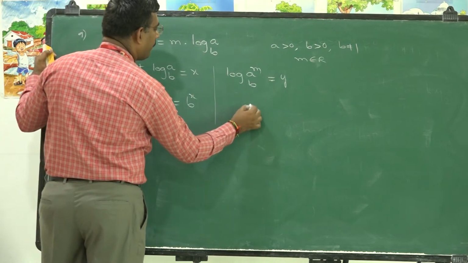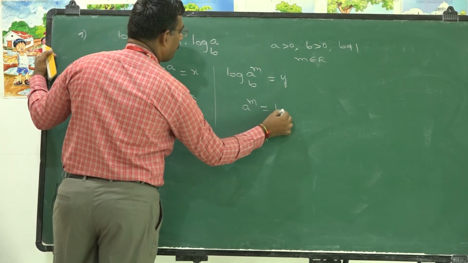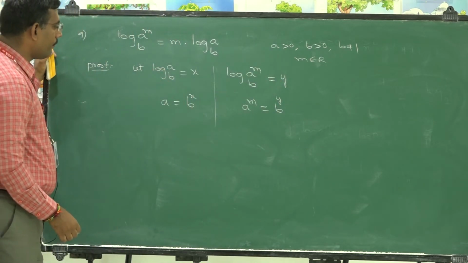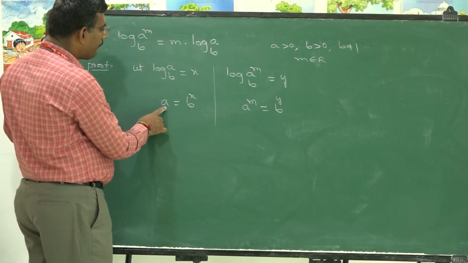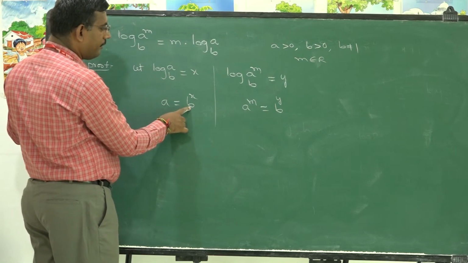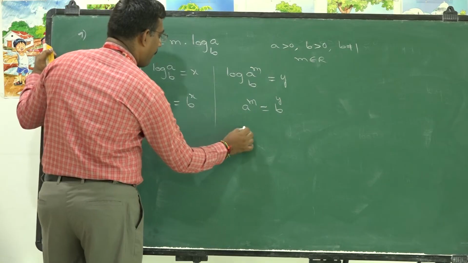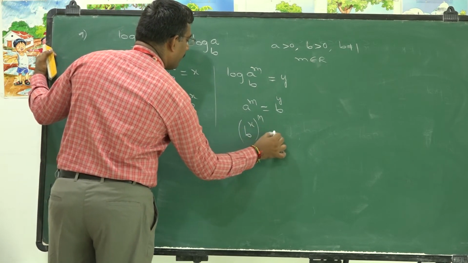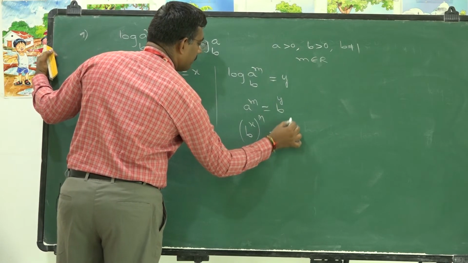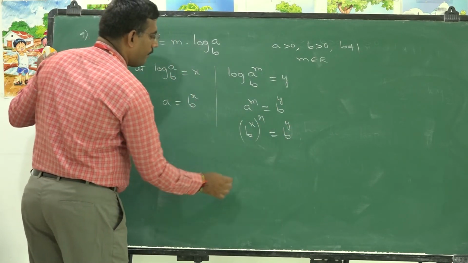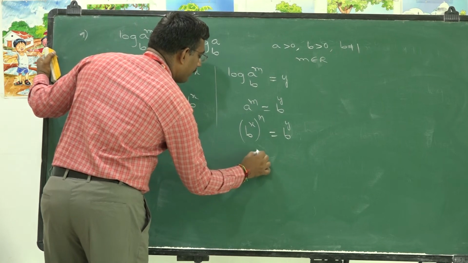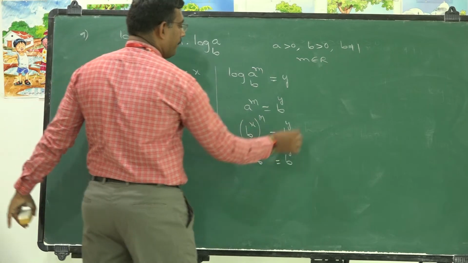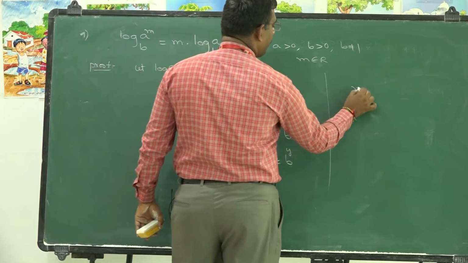Here a power m is equal to b power y. So here a value is b power x. Substitute a value here. B power x whole power m is equal to b power y. So b power mx is equal to b power y. So bases are equal, then powers should be equal. Mx is equal to y.